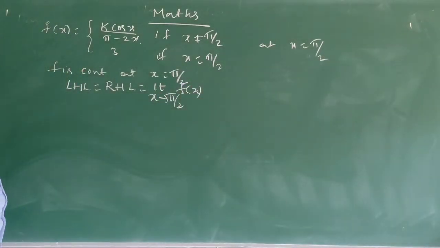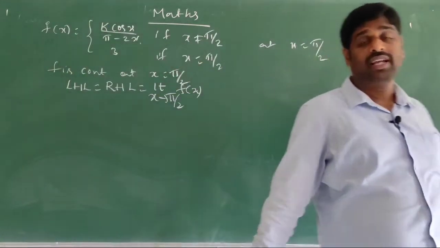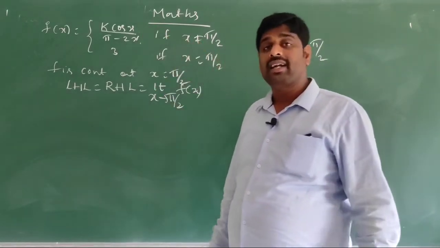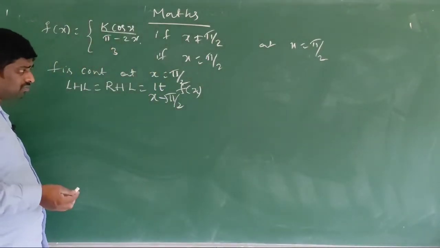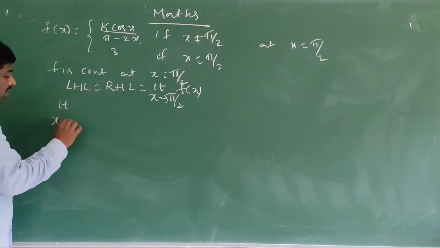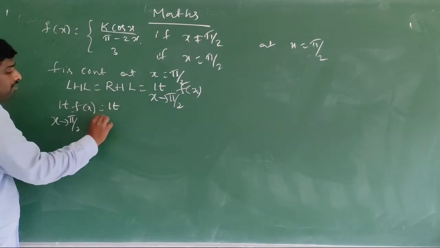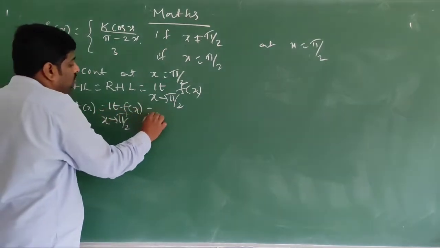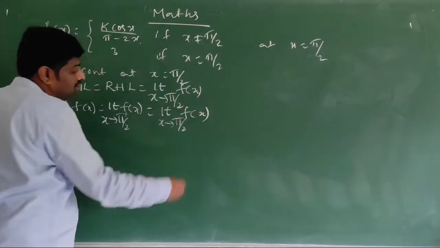What is LHL? x not equal to pi by 2 means x less than pi by 2 and x greater than pi by 2. x less than pi by 2 is this function, x greater than pi by 2 is this function. LHL equals RHL equals limit x tends to pi by 2 of f of x. That is, limit x tends to pi by 2 minus f of x equals limit x tends to pi by 2 plus f of x equals limit x tends to pi by 2 f of x.